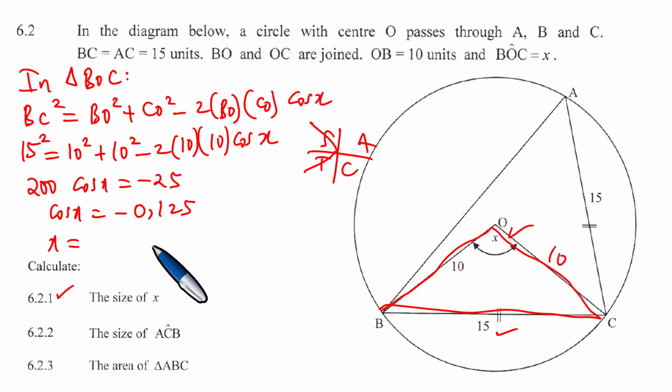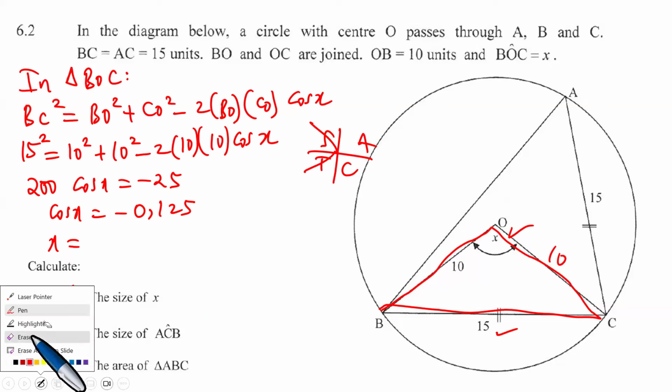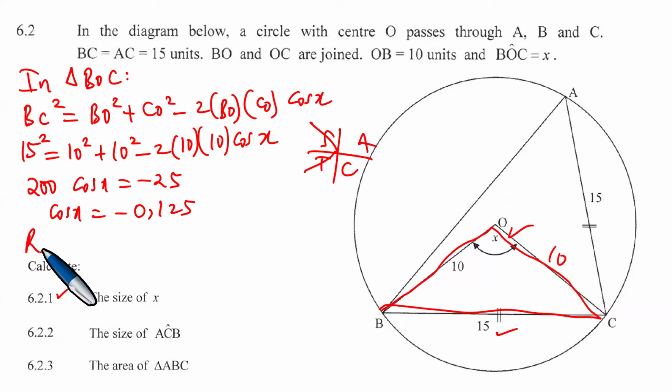So we have the following. So we continue. Now I would like us to give the reference angle here. Let us look at what we call the reference angle. The reference angle will be arc cosine 0,125.